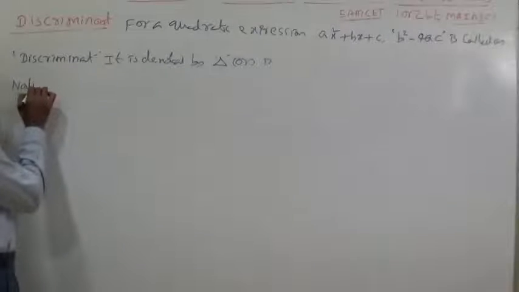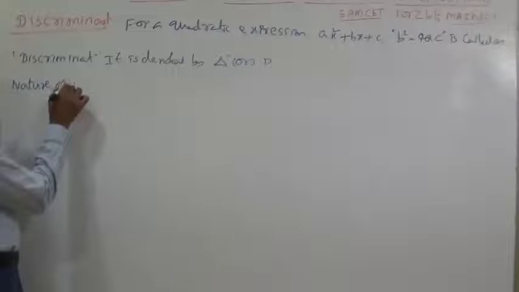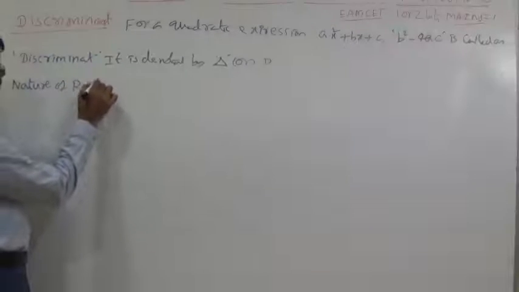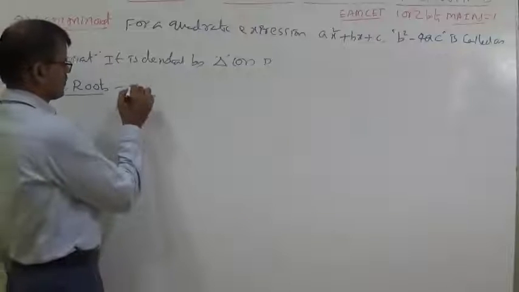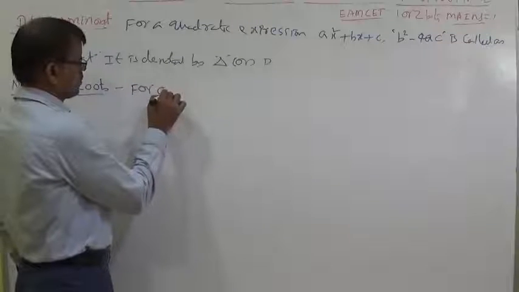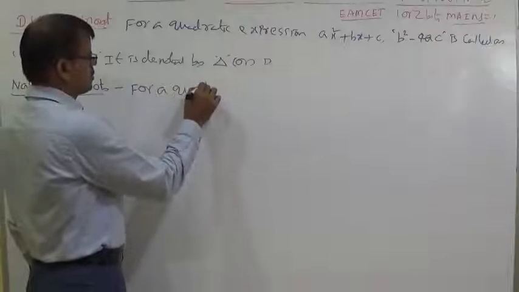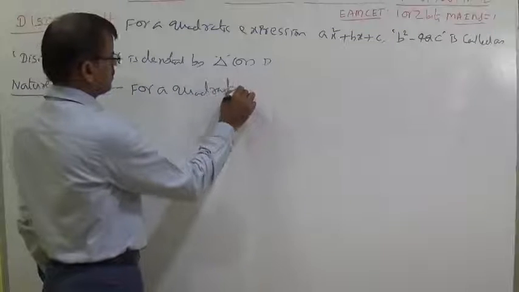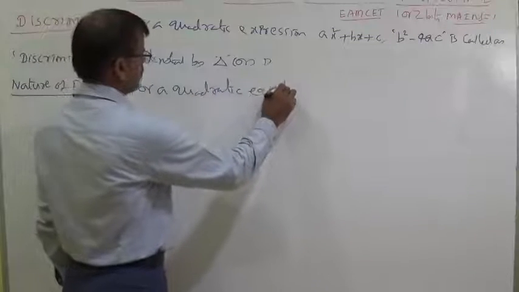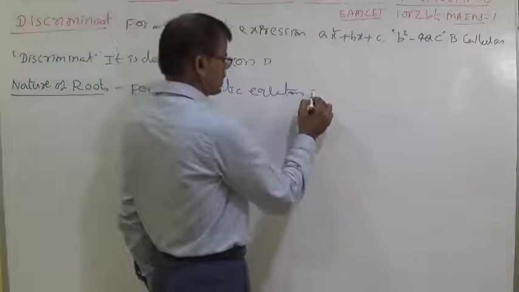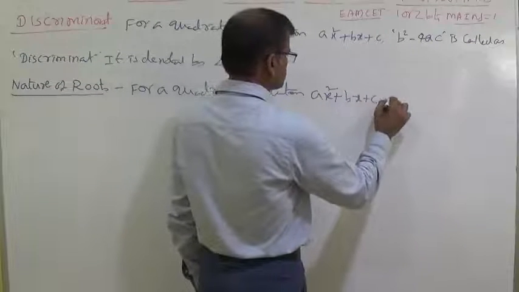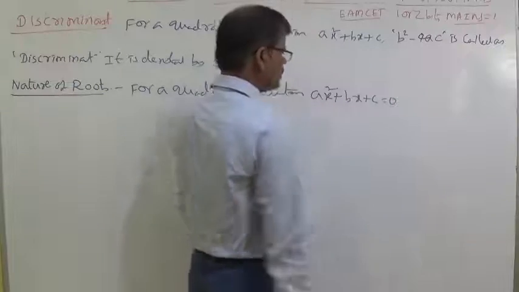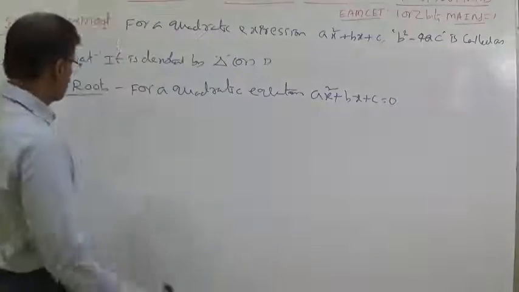Now we can discuss about the nature of roots. For a quadratic equation ax square plus bx plus c is equal to 0, among them, two cases are there.